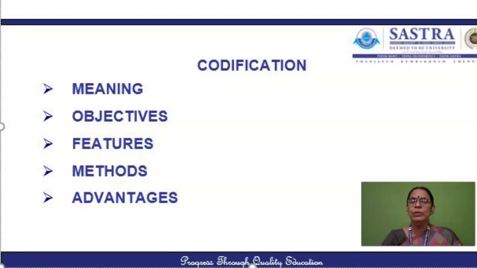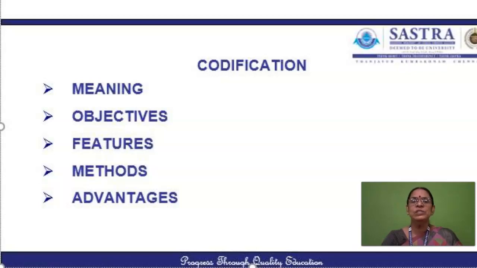After knowing about the significance of codification and the objectives of codification, let us now see about the features of the codification system. These codifications can be based on certain considerations.